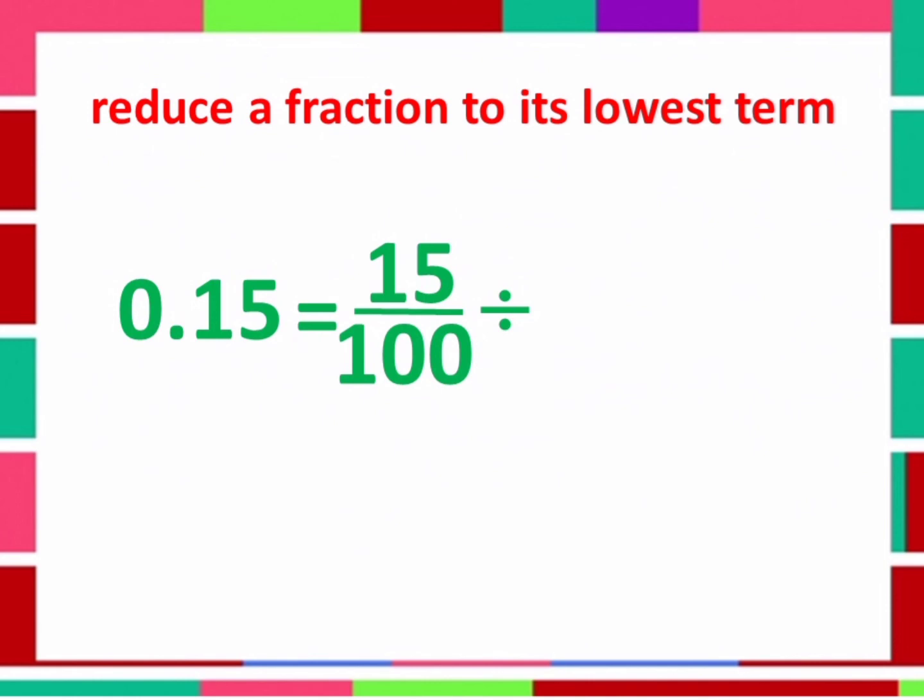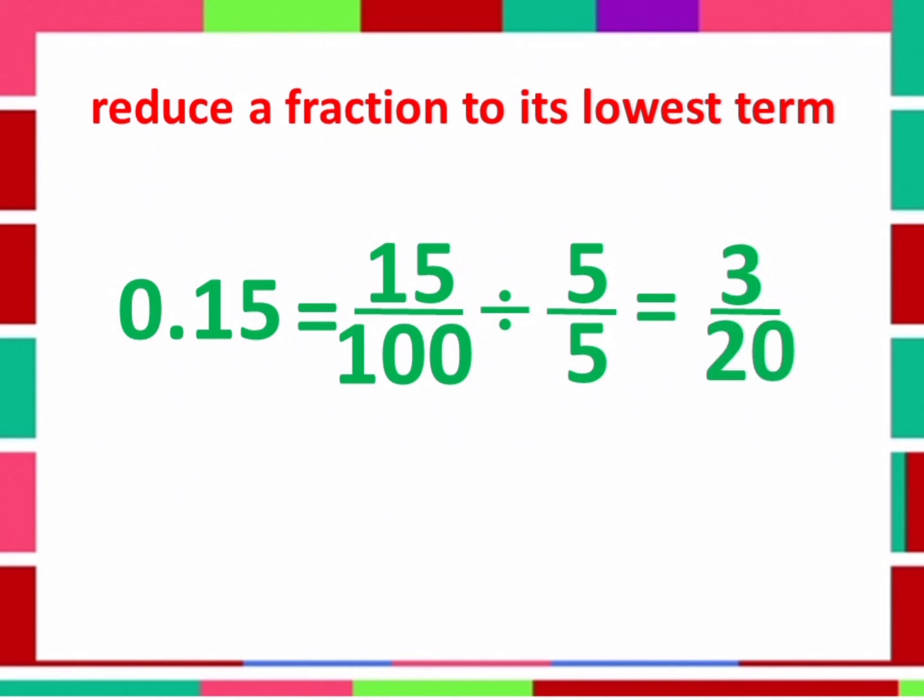Correct. It's 5. So, 15 divided by 5 is equal to 3. Over 100 divided by 5 is equal to 20. Therefore, 0.15 is equal to 3 over 20.